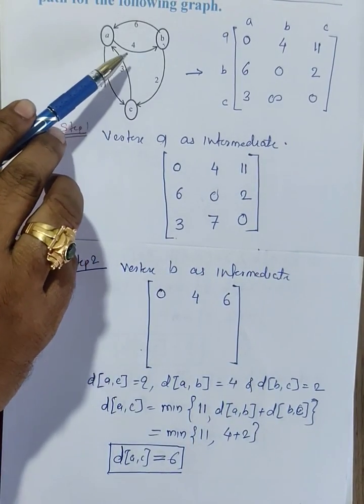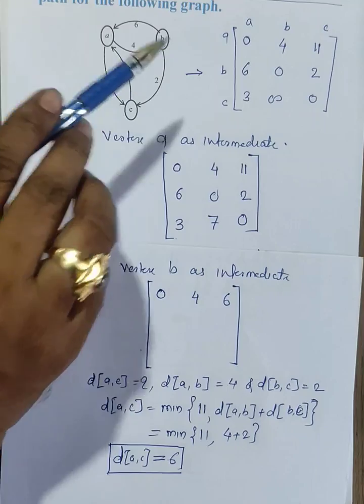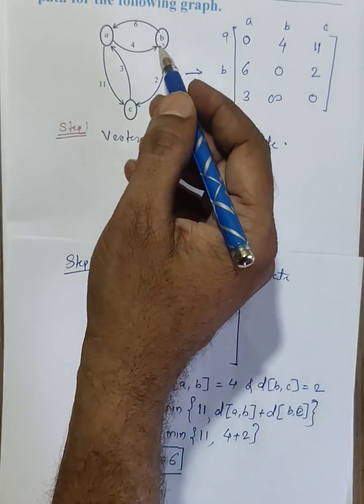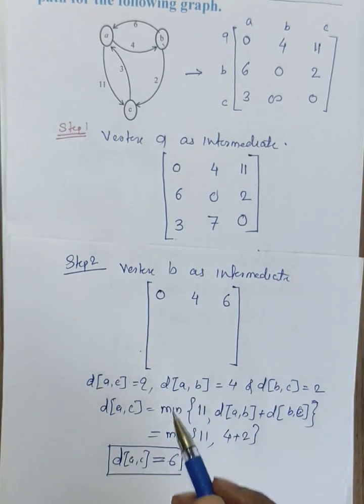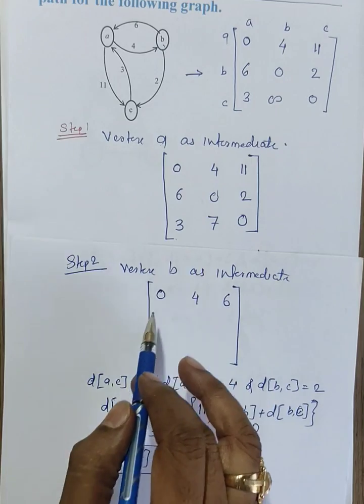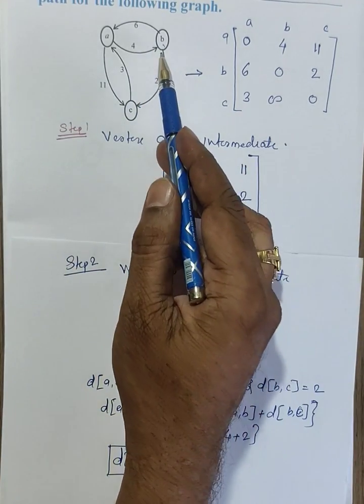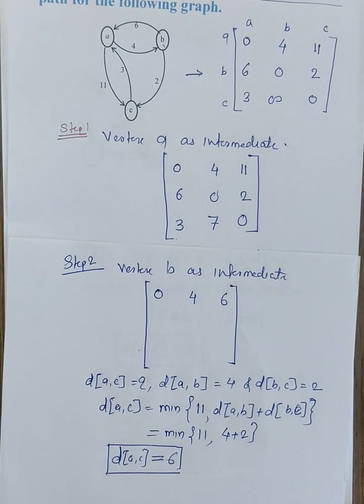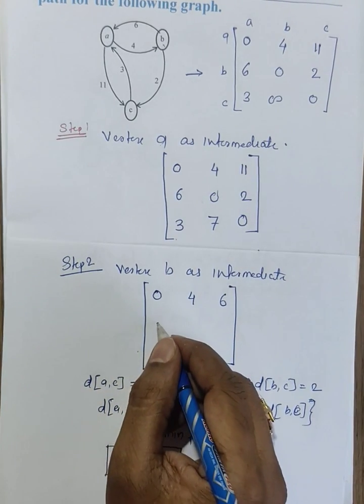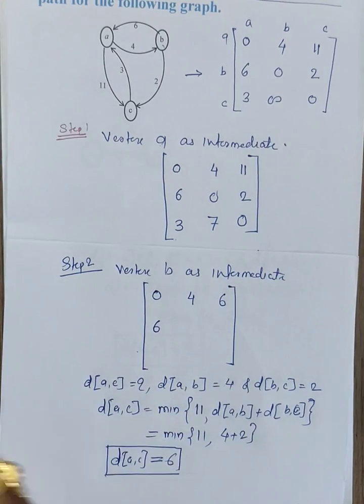A. Then B. B itself as an intermediate. B itself as an intermediate means first A is over, then B, B to A, 6. B to A, B itself as intermediate, B row will get same values.